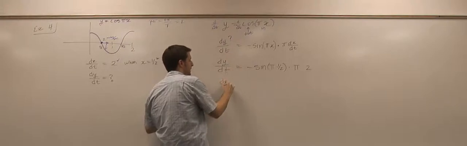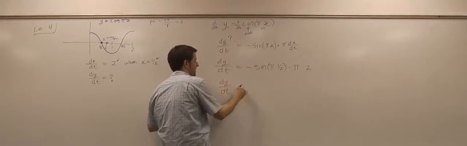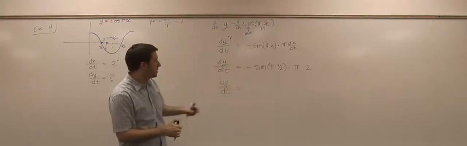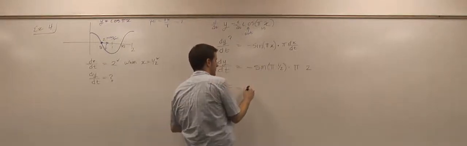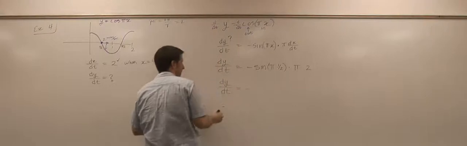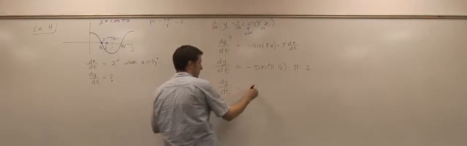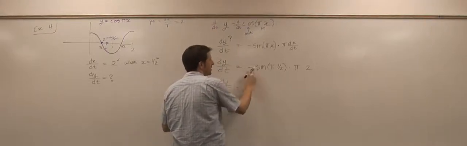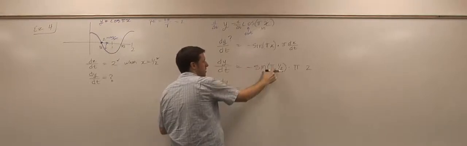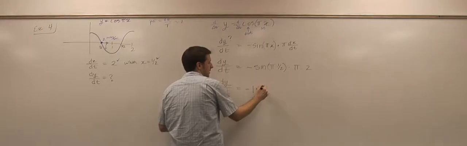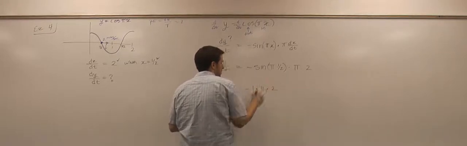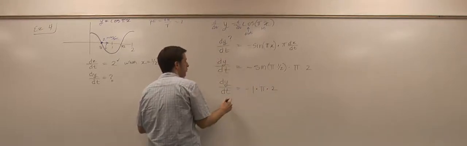So dy/dt is equal to, I have to calculate sine of pi over 2. What's that? Right, 1. Well, negative because of the negative out front. Sine of pi over 2 itself is just 1, and then you keep the negative out front, times pi times 2. Negative 2 pi.